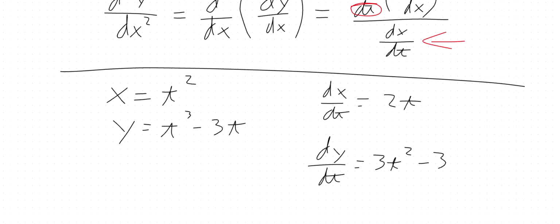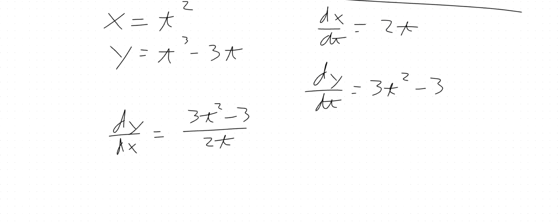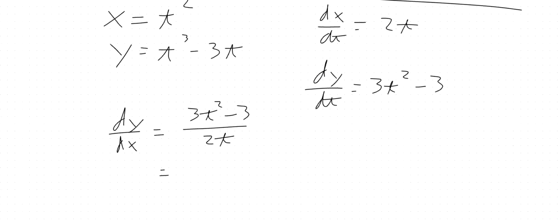So in order to find our dy/dx, we get that. And now we could do some more work with splitting this up if you wanted to, and make it 3/2 t minus 3/2t.